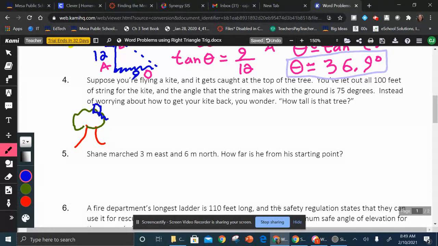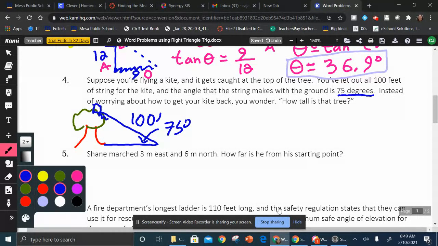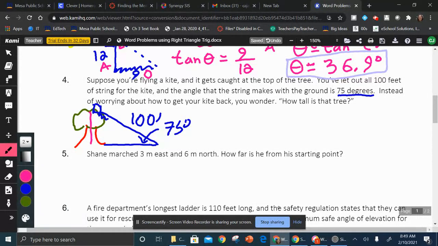You let out all 100 feet of string, wow, that's a lot, that makes an angle with the ground of 75 degrees. So worrying about how to get your kite back, you wonder how tall is the tree. So we want to know this. How tall is that tree right there?